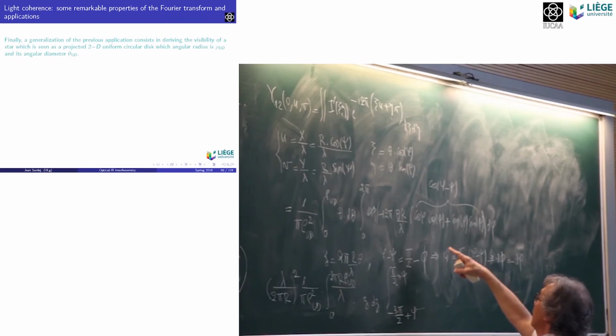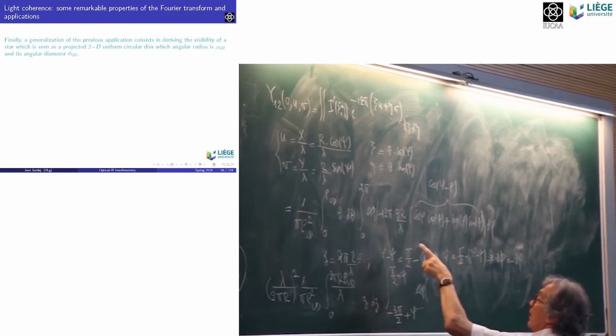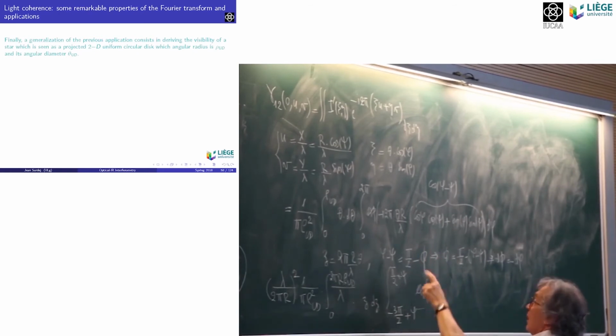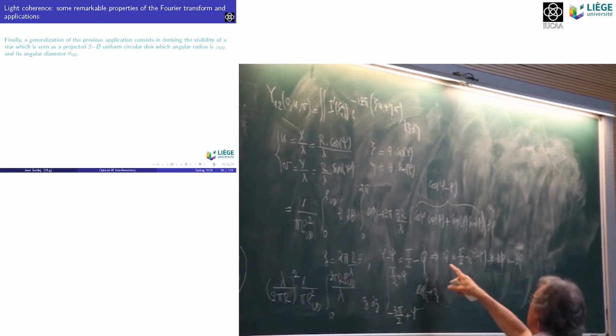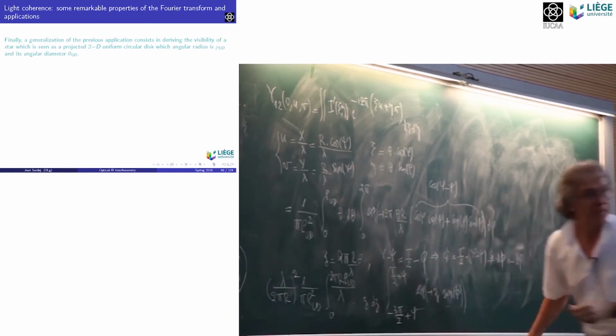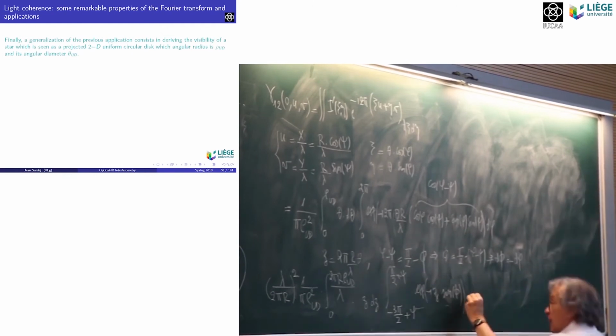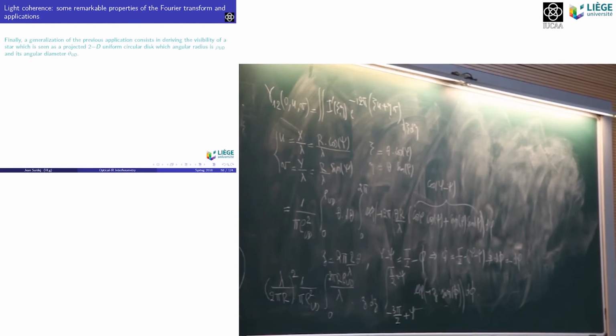Now, this one will be the exponentiation of minus i times z multiplied by the cosine of that quantity, but the cosine of that quantity will be the sine of big phi. And here I can write d phi, like that.